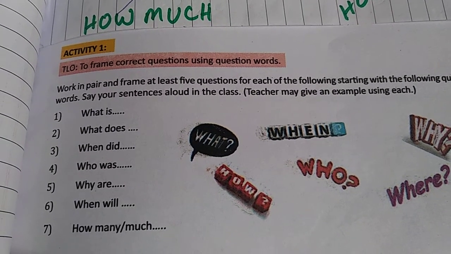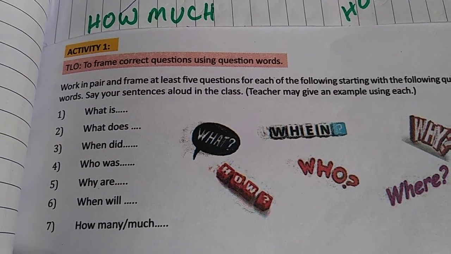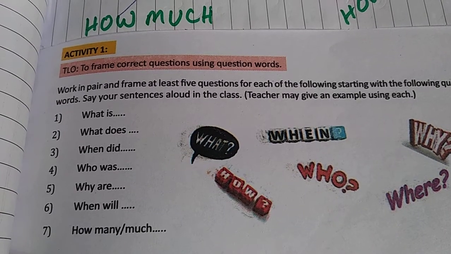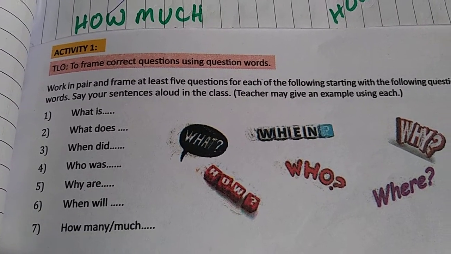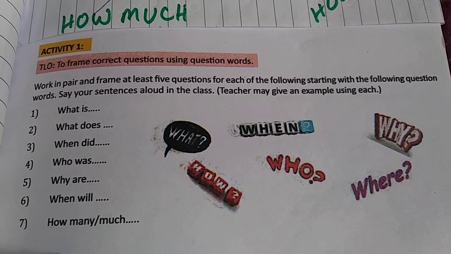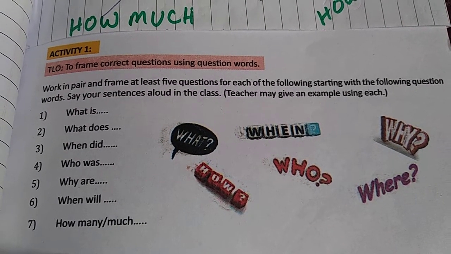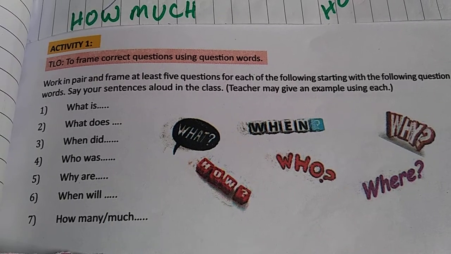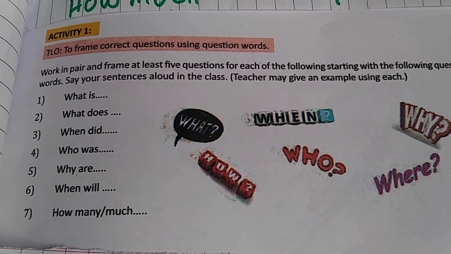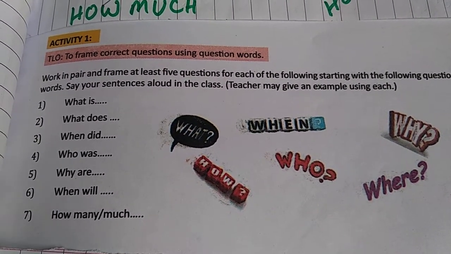So altogether, please make 7 sentences, one with how much and another with how many. You make 7 questions, interrogative sentences, and send it to me. Do it nicely. It's not very difficult. Thank you. Have a nice day.